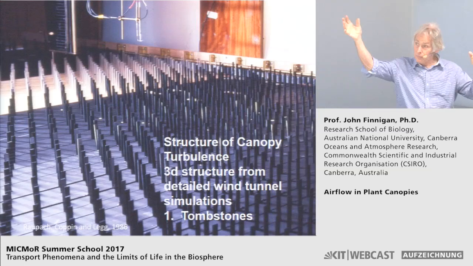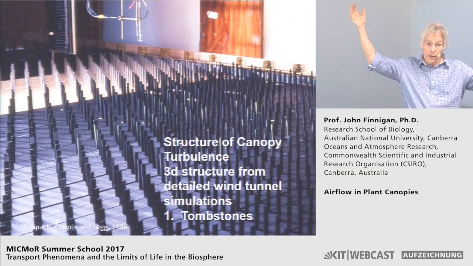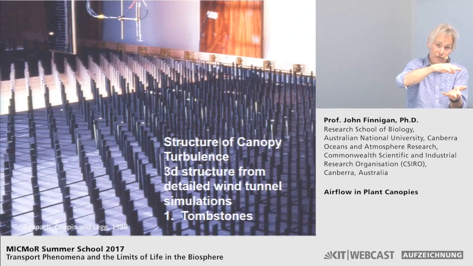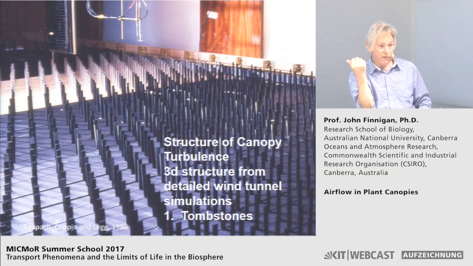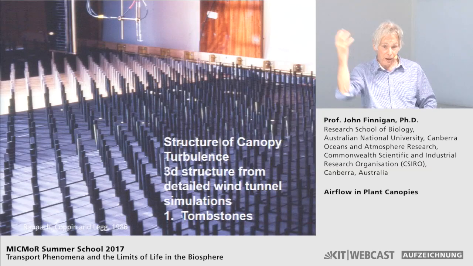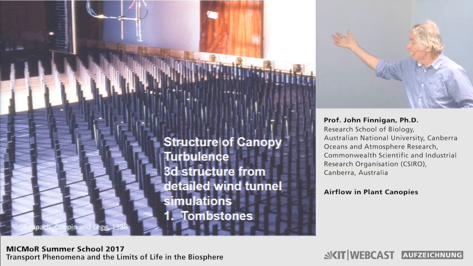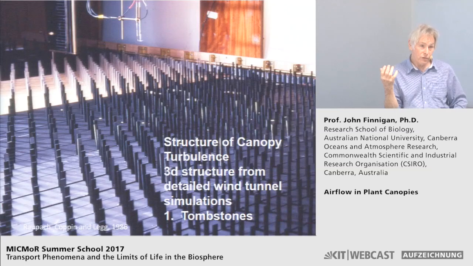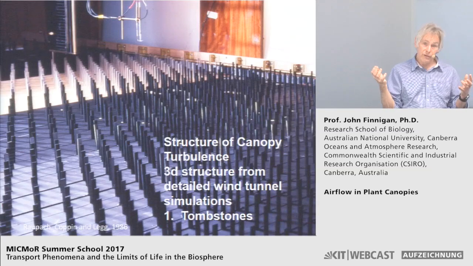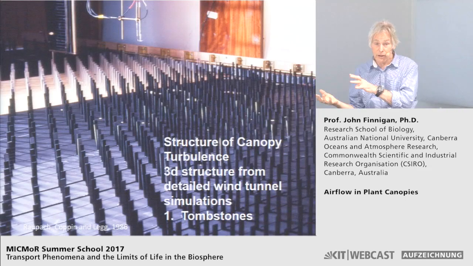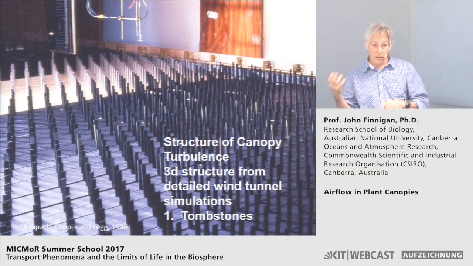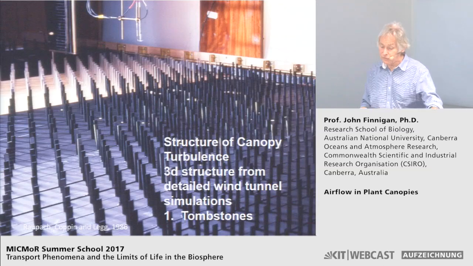Now, if you take the plants from a real canopy, scale them down geometrically to fit in the wind tunnel, they'd be so fine that almost all of the drag would be viscous drag, and it wouldn't behave like a real canopy does. So one of the things you do in the wind tunnel is abandon some of the geometric similarity in order to get aerodynamic similarity. You want the canopy to appear to the air like a real canopy. You're less concerned about it having individual leaves and so on.